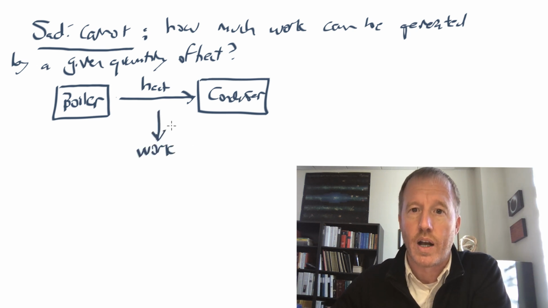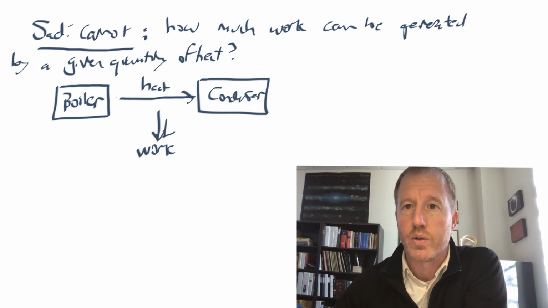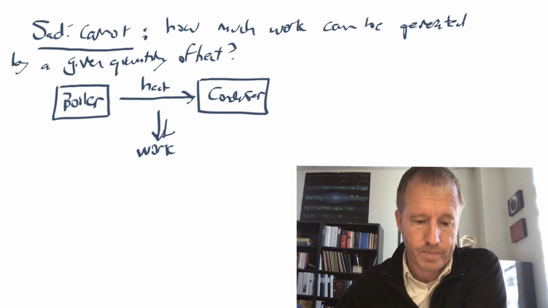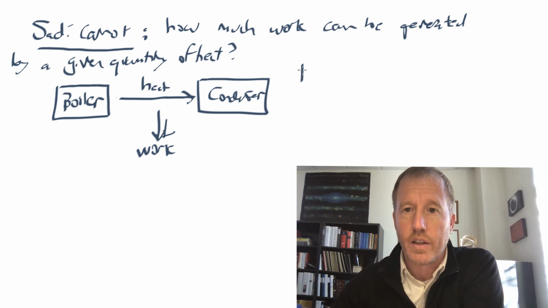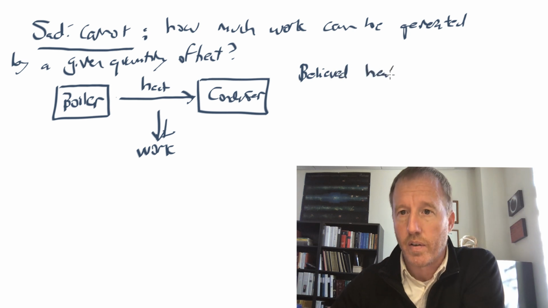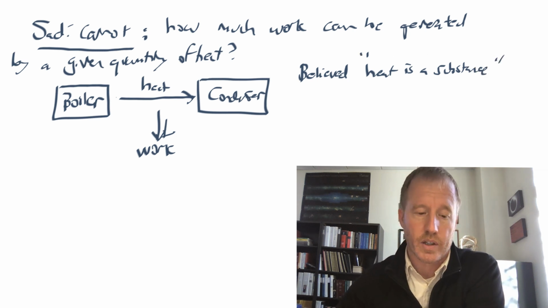And the question is, how much work can you extract? And he did a number of experiments to try to determine the answer to that question. And it's important to note that he fully believed that heat was a substance. Okay, so he believed in the caloric theory.